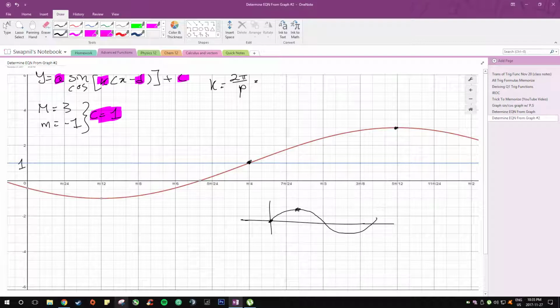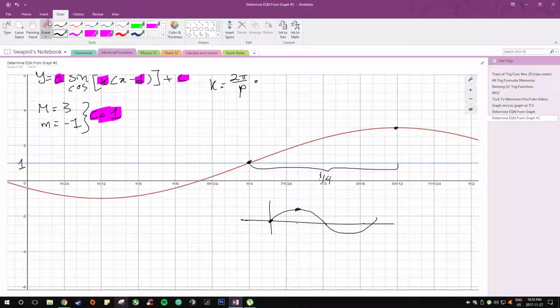The period is just when the graph does one cycle without repeating itself. So the period would be from here to here. Half the period would be from here to here. A quarter of the period would be here to here. So from here to here, this is 1/4 the period.